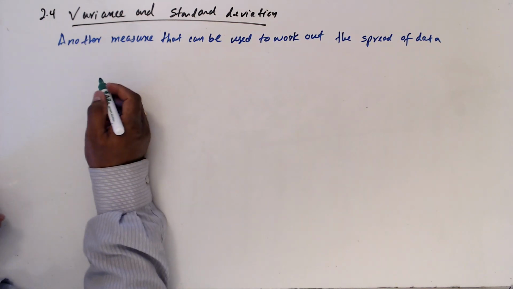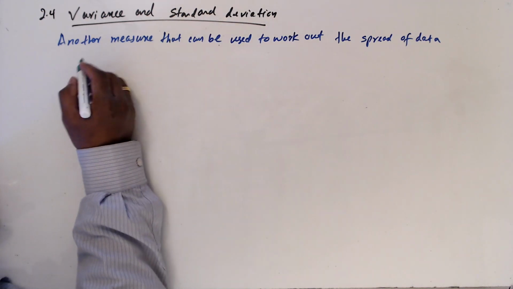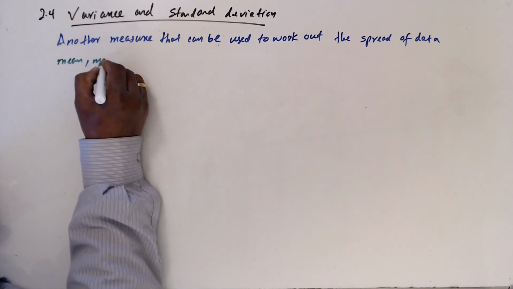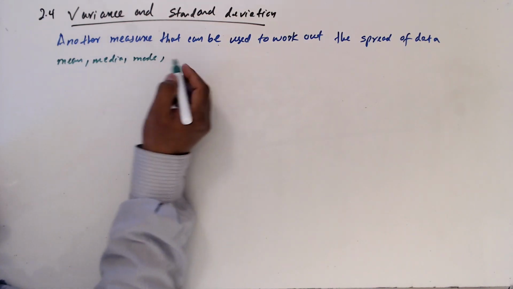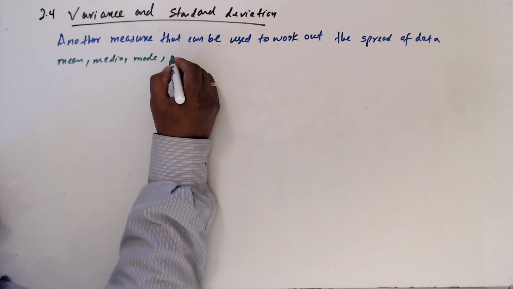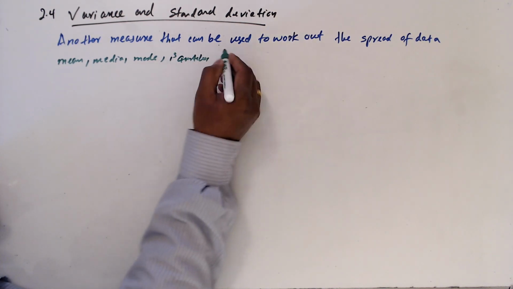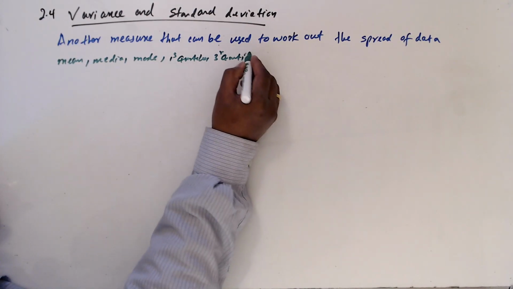So under measures of location we have mean, median, and mode, and first quartile, and third quartile. Median is the second quartile.